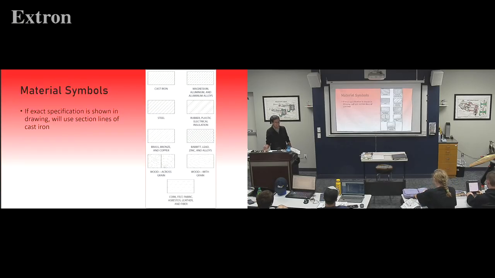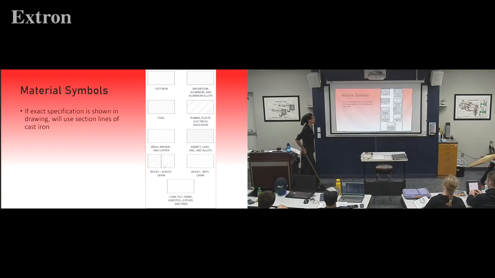So, material symbols. Now these were the things I was mentioning every day. What was I talking about when I said we're going to talk about how these look different? What kind of line? Correct. Section lines.